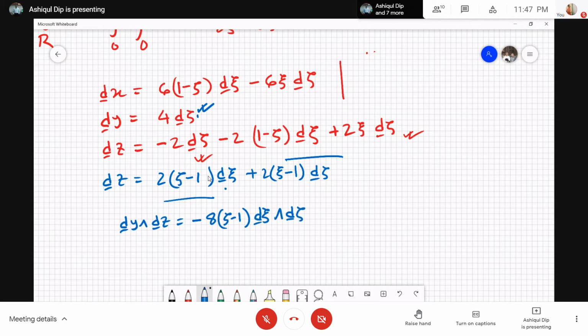I've switched the orientation, that's why I got the minus sign. Then dz wedge dx equals to, how many possibilities would it have? Two possibilities: d zeta with d xi and d xi with d zeta. Basically just one thing though.